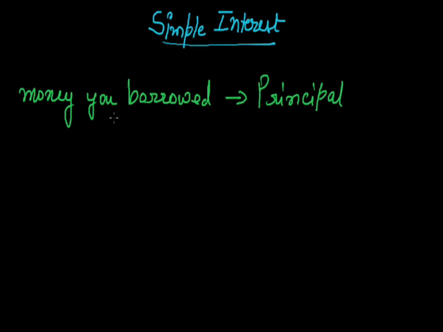And you borrow the money for a fixed time period, that fixed time is known as the time, and its short form which we will use in the formula of simple interest is capital T, and for the principal we are going to use the capital P.